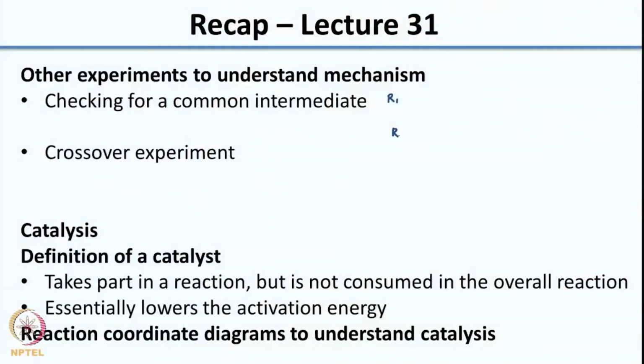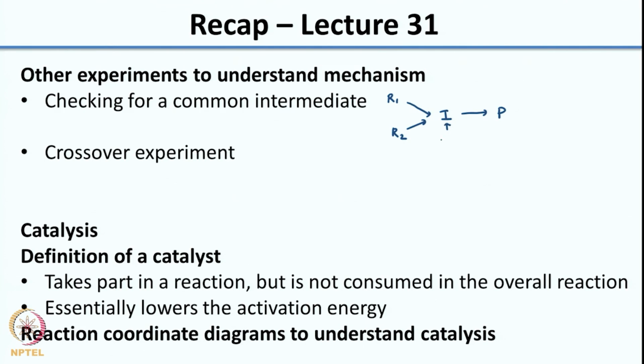So, welcome back. In the last class we had looked at some other experiments to understand the reaction mechanism. One experiment is checking for a common intermediate, and here you take two different reactants, and if both the reactants give the same intermediate I, which will essentially lead to the same product, you can say that I is the intermediate formed in that particular reaction.